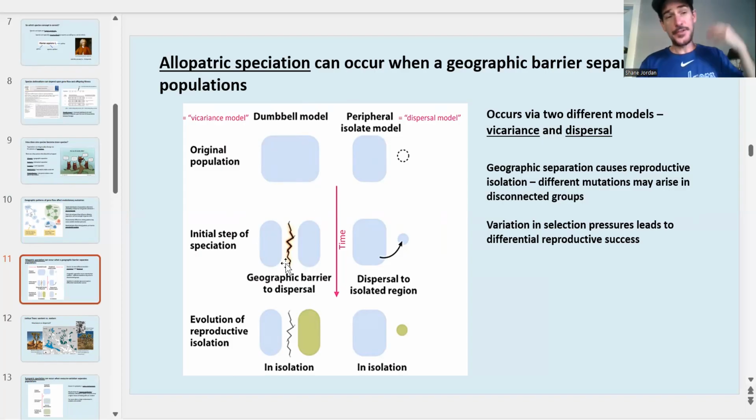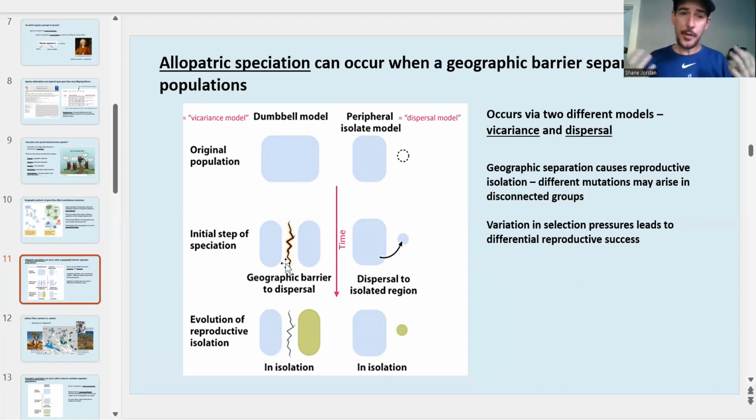And if this goes on for long enough, and these 2 separate groups are not exchanging genes any longer because there's this new barrier to dispersal, which could be something like a mountain range forming, which would take a long time, but this is one way that speciation is known to happen, or a river suddenly flowing through an area, dividing populations in a valley into 2 separate halves, just for example.